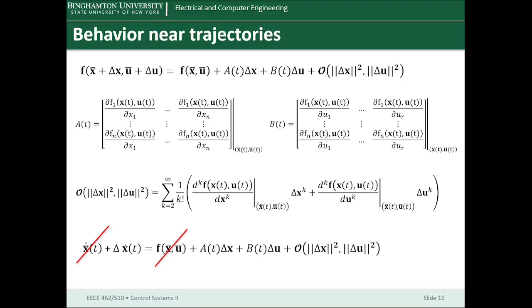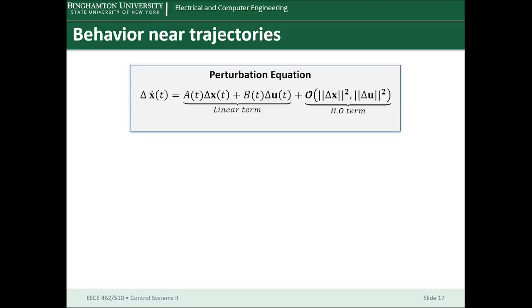After cancelling the common terms, we obtain the perturbation equation, which describes how the system behaves near the trajectory. This equation depends only on the perturbation variables delta x and delta u. It has two parts, a linear part in terms of perturbation and a remainder consisting of high order terms.